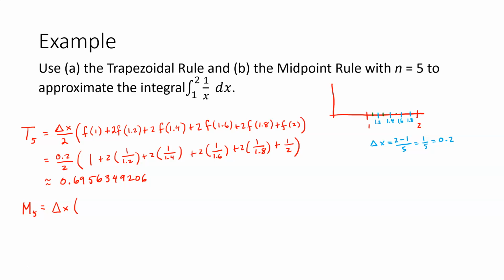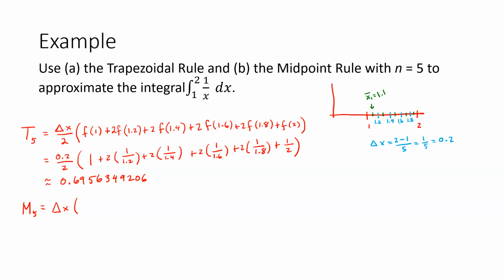So we're going to go through and find the midpoint of each of these subintervals. The first midpoint here would be x1 bar, which you can find by adding 1 plus 1.2 and then dividing by 2, or you can maybe do it mentally and you get a midpoint of 1.1, right?